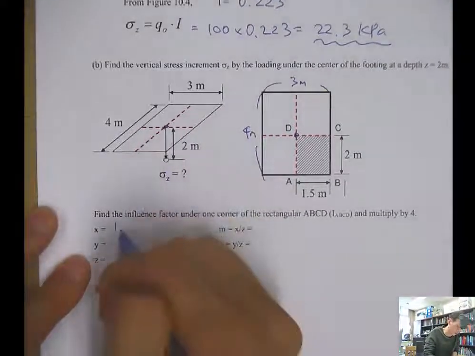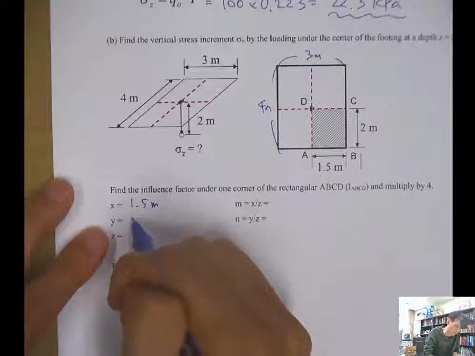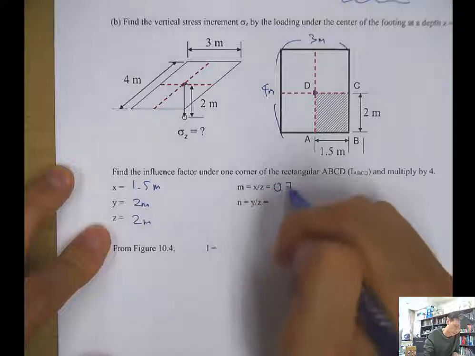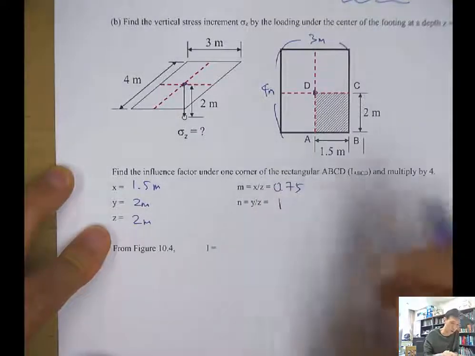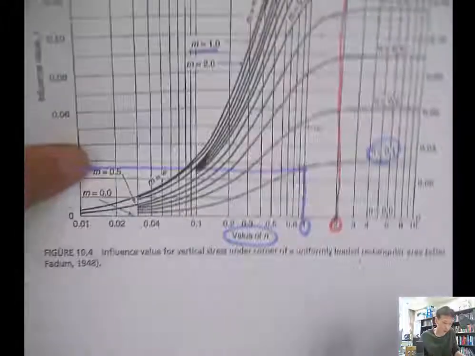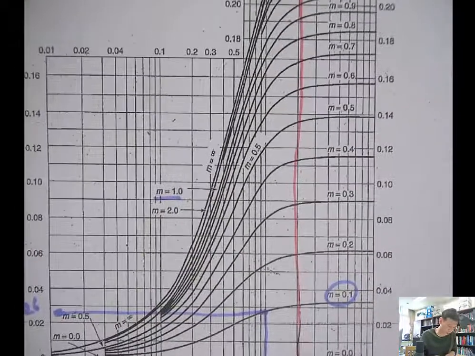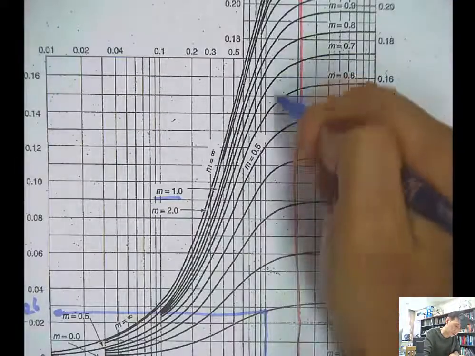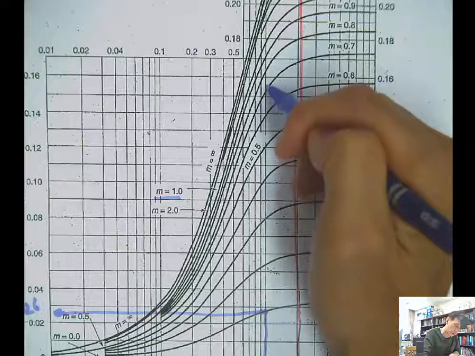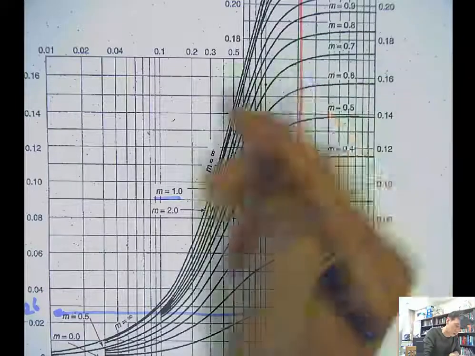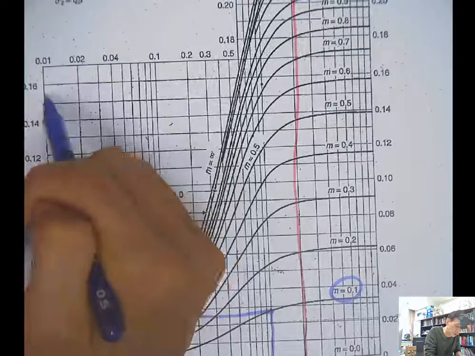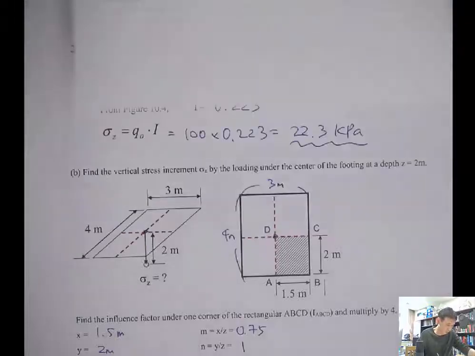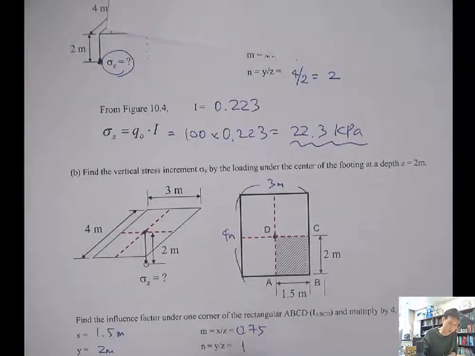So now x is 1.5 meter, and y is 2 meter, and z is still 2 meter. Then m is 0.75 and n is 1. Using that, if we go back to this chart, n is 1 and 0.75 is somewhere here. So it's more than 0.15, so 0.157.